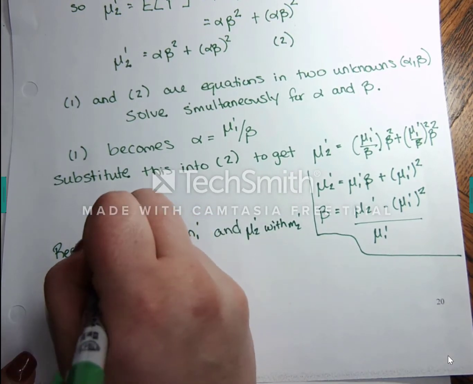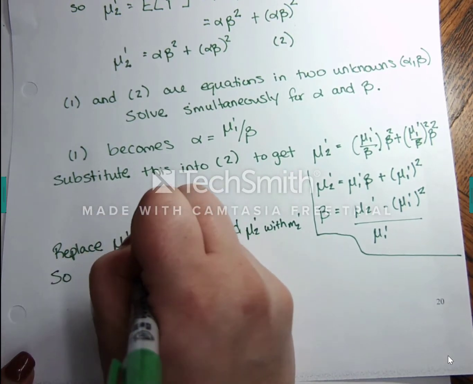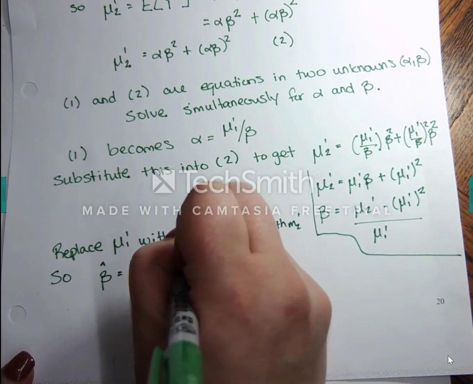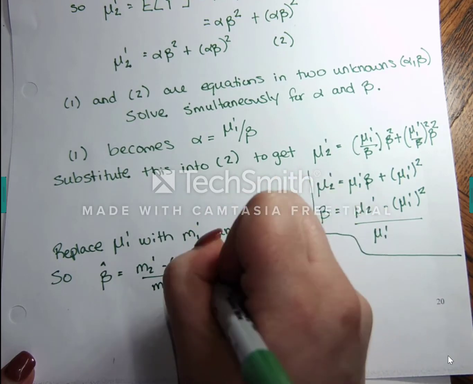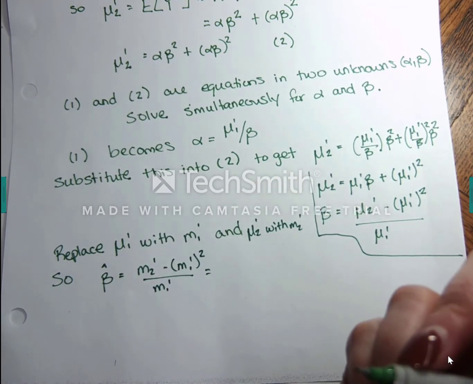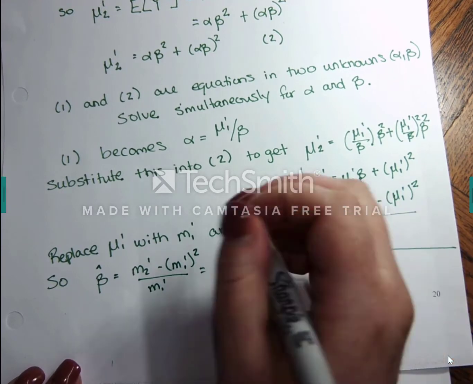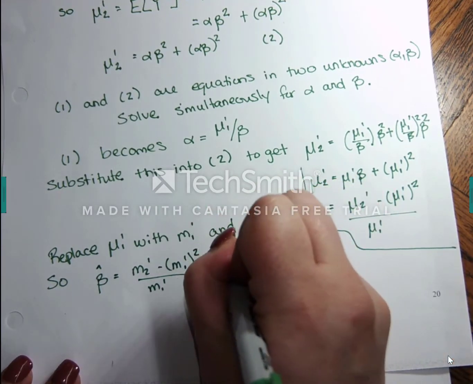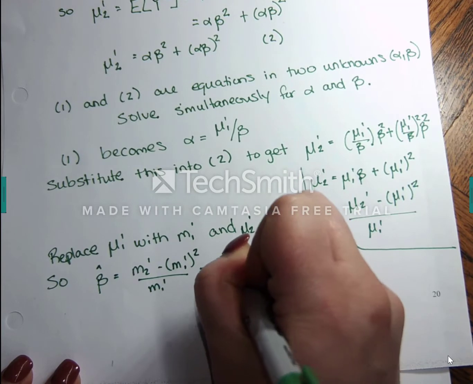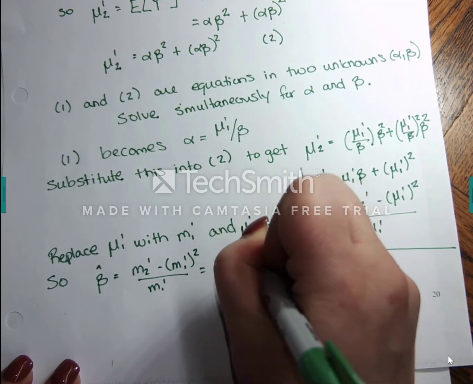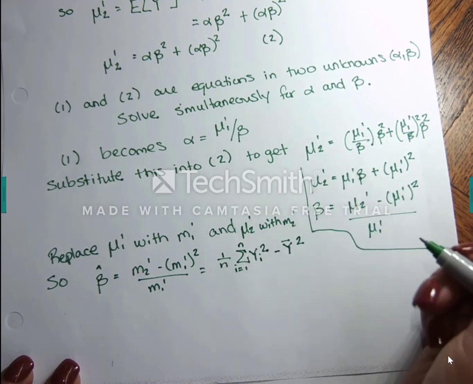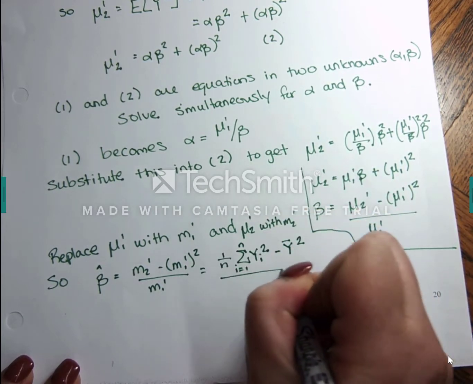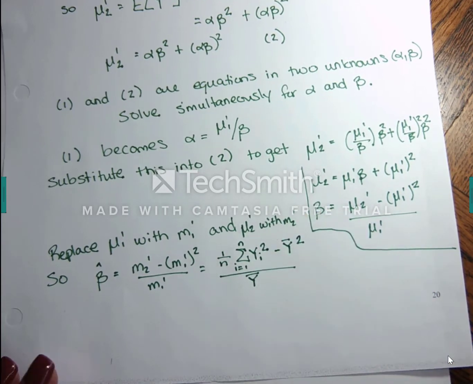We're going to find that beta hat is equal to m2 prime minus m1 prime squared divided by m1 prime. Substituting in what those sample moments are, we get 1 over n, the sum, i equals 1 to n, yi squared minus y bar squared, divided by y bar.